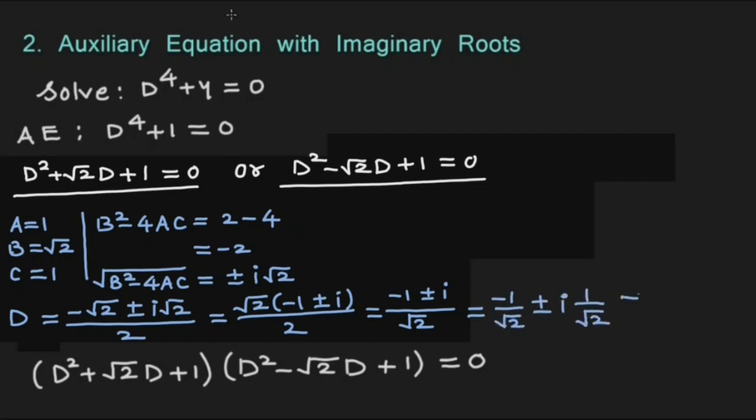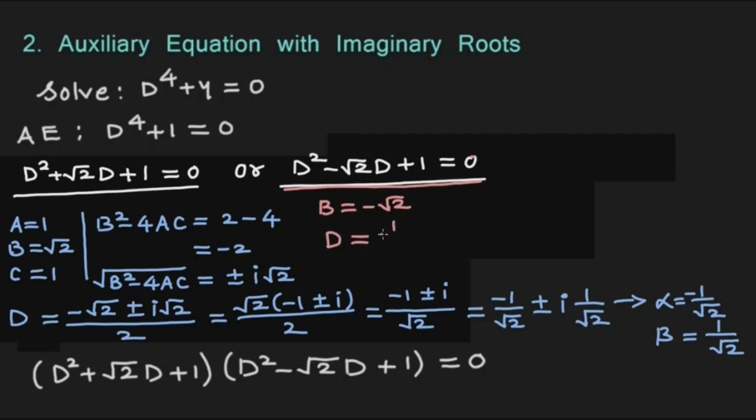So here alpha is minus 1 upon root 2, beta is 1 upon root 2. In the second quadratic equation only b will change, which is here minus root 2. So D will be 1 upon root 2 plus minus i 1 upon root 2. Here alpha is 1 upon root 2 and beta is 1 upon root 2.